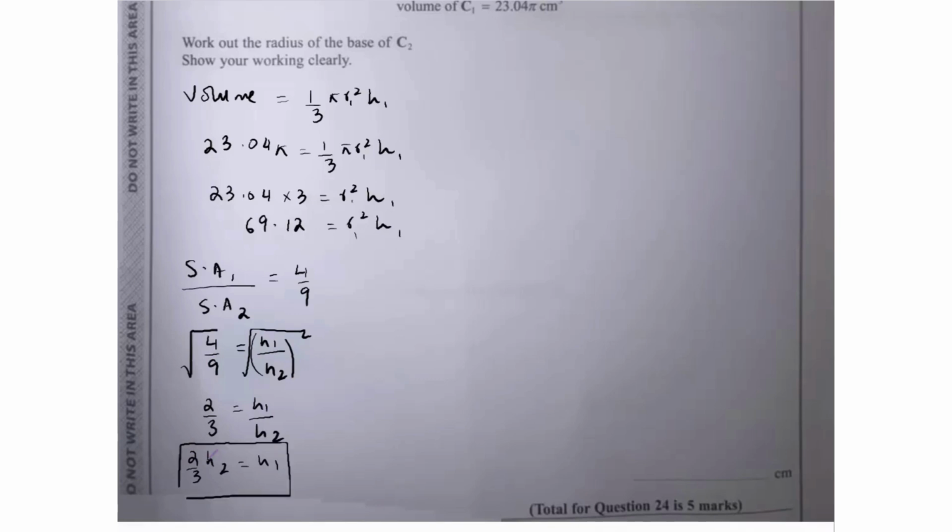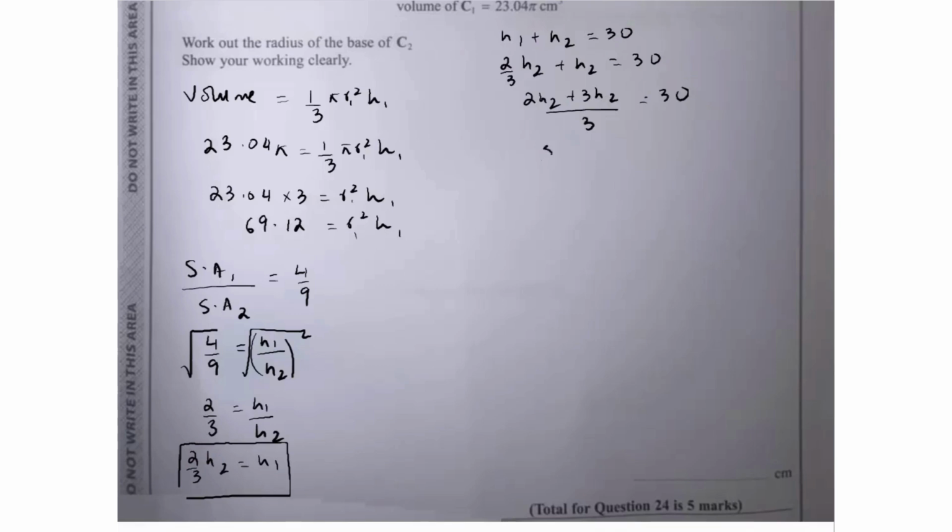This is what we have right now. We know h1 plus h2 is 30. So 2/3 of h2 plus h2 equals 30. So that's 2h2 plus 3h2 over 3 equals 30.